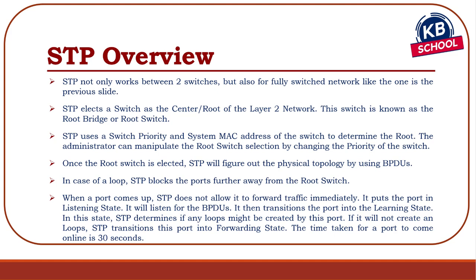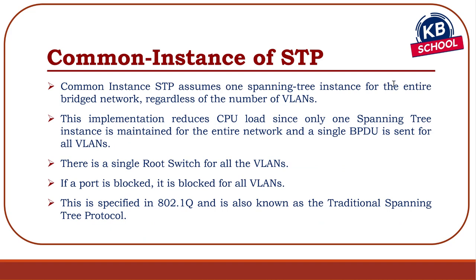Now that we know what STP does, let's take a look at the different flavors of STP that we have gone through to get to the stage that we are at right now. The first form of STP was called the Common Instance of STP, or CSTP. All right, what is this?